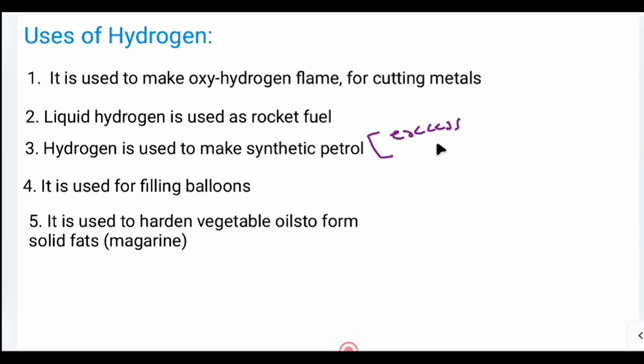There's a way to combine excess coal and hydrogen to get synthetic petrol. We use hydrogen to fill balloons, although we no longer use it, okay? But hydrogen can be used to fill balloons. And then we use hydrogen to harden vegetable oil into solid parts, okay? And that's how we get our margarine and other large substances.